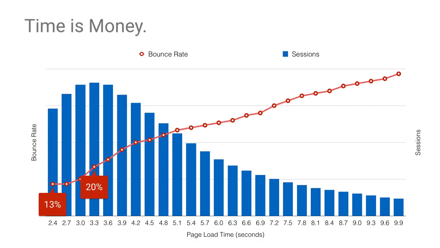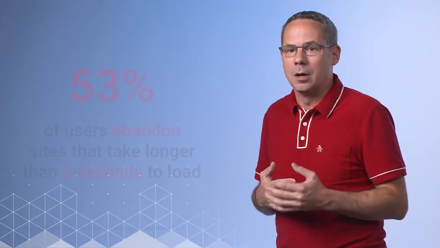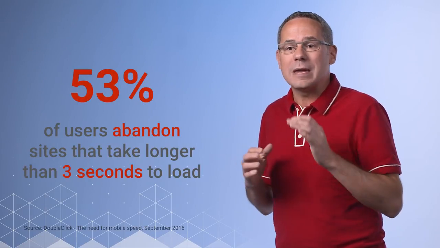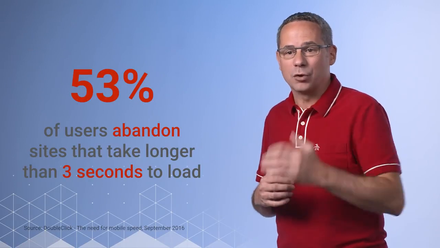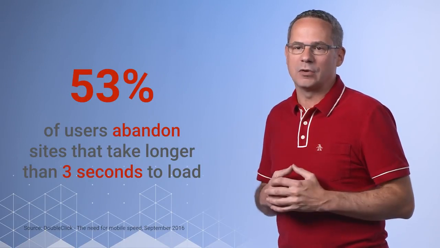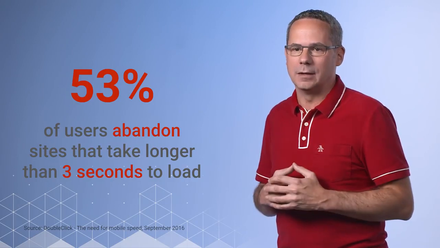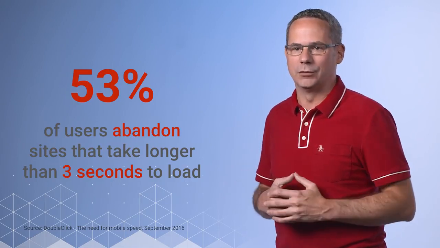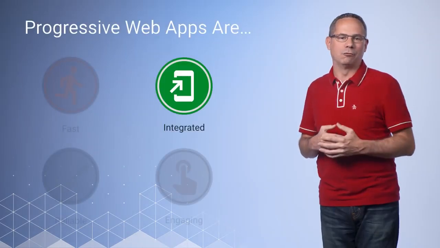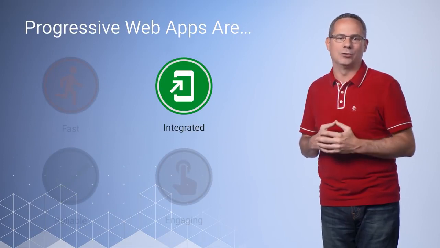This chart shows just how true that is. 20% of users will abandon a site if it takes more than 3 seconds to load. Now, I could make a joke about kids today and short attention spans, but I'm guilty of this too. Other studies show even worse results. After 3 seconds, 53% of users will abandon a site. In short, speed kills.